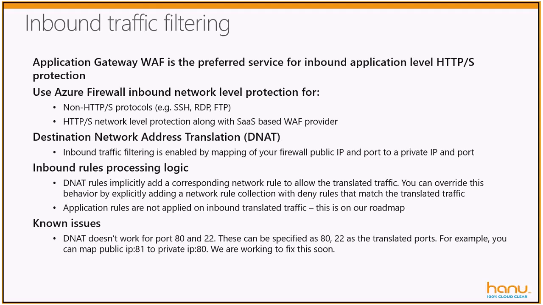Okay. So we have a question from Tushar. Yeah, sure. If Azure Firewall has one public IP and we are translating that to the private IP of a virtual machine, suppose I have 10 virtual machines and I want to apply the same rule for 10 machines, how will I do that, because the public IP of the firewall is only one?